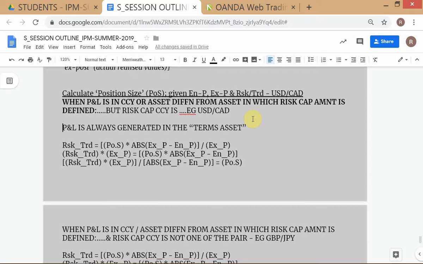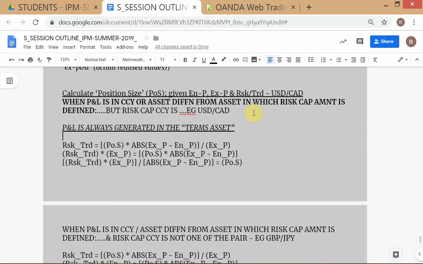So the general rule is that the P&L is always generated in the terms asset in any market. If you ever forget the rule, you go back to trading sugar in Ghazipur and you find out that your profit is not in sugar but in rupees. Then you can work it backward: when you're trading sugar, your terms asset is Indian rupees. That proves that the P&L is always generated in the terms asset, no matter what market you're trading.